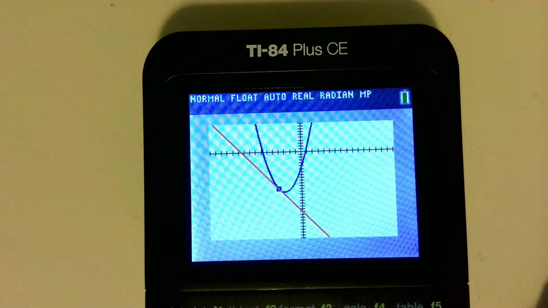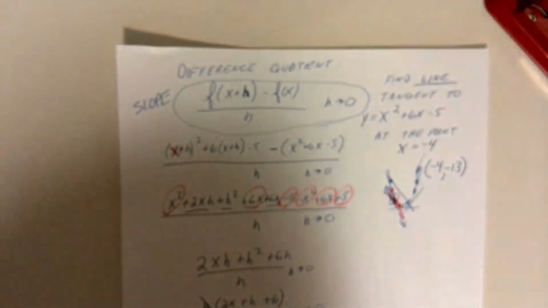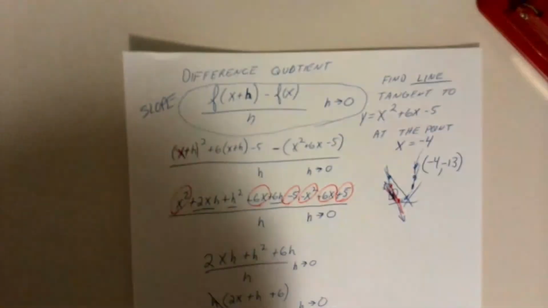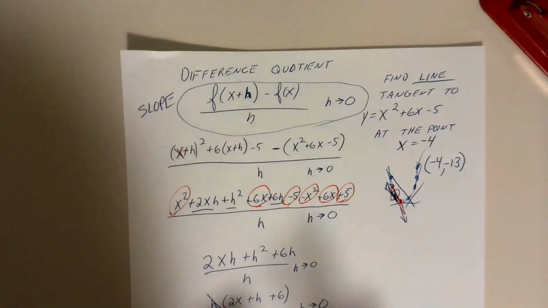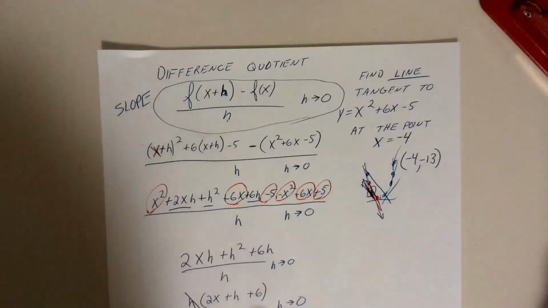And this is a process called the difference quotient. Finding the equation of a line tangent to a parabola at a given point. One more time. How does this work out? This formula we use every single time. What's the process?